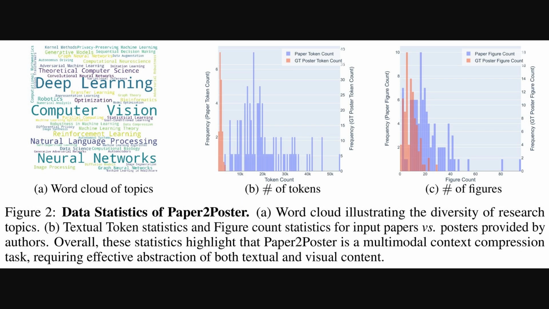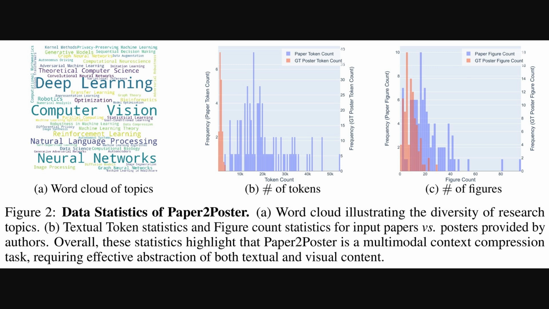Okay, so we've seen how the Paper2Poster framework evaluates generated posters in figure 3. Now, figure 2 here gives us a closer look at the actual data characteristics this system is dealing with. Part A shows a word cloud, illustrating the wide range of research topics covered, with prominent terms like deep learning, computer vision, and neural networks. Then, parts B and C provide some really interesting statistics.